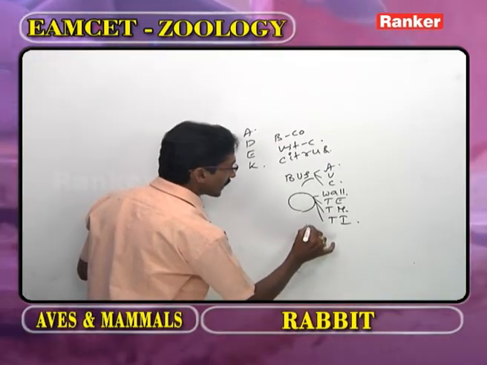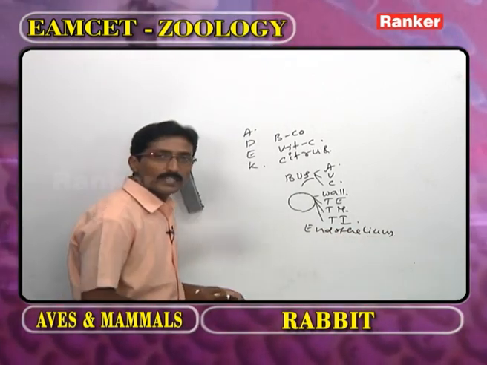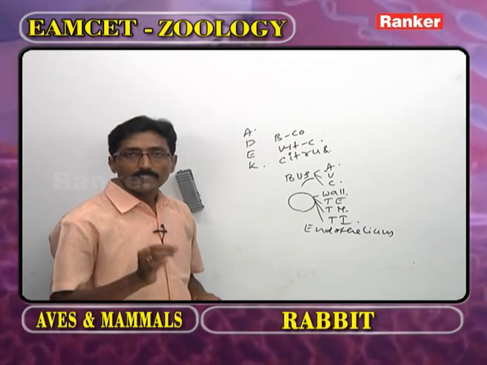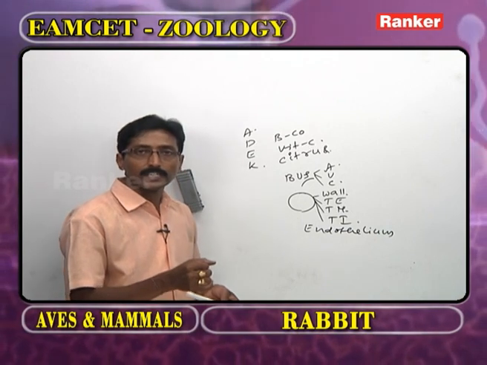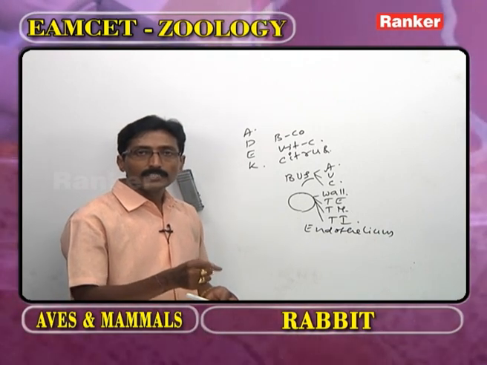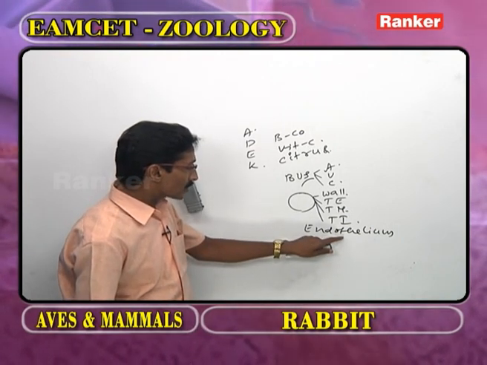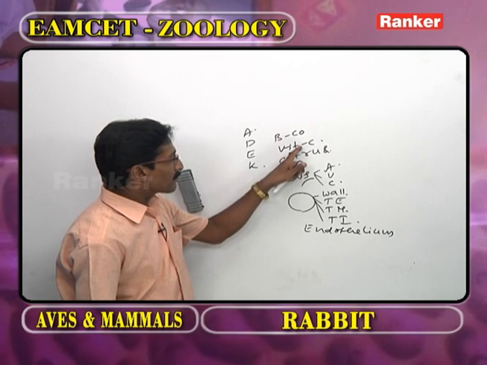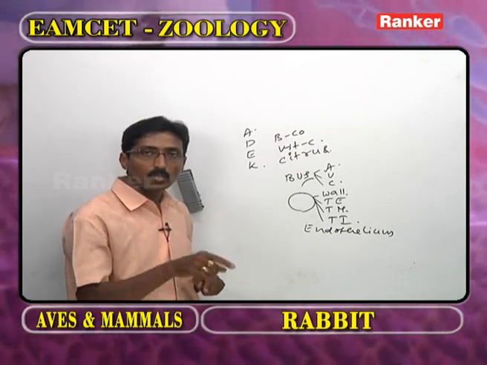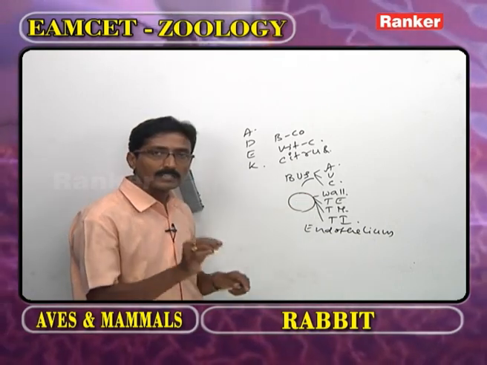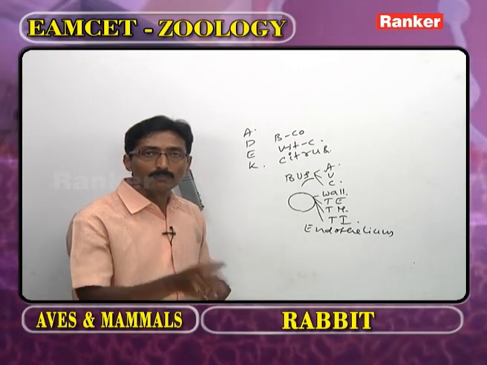The tunica interna is called the endothelium. What is the integrity? The strength of the endothelium. The integrity of the endothelium is maintained by vitamin C. If vitamin C is absent, automatically the blood vessels are subjected to hemorrhage. So we get bleeding.